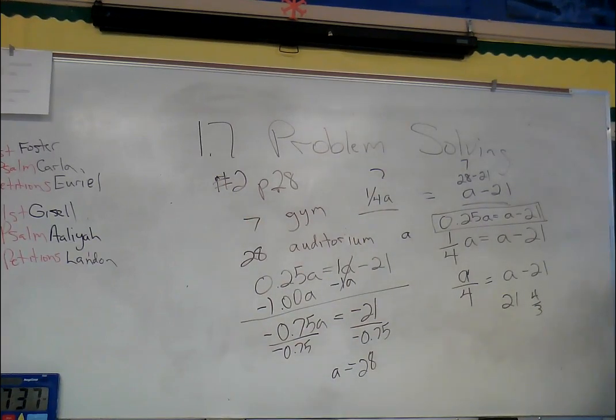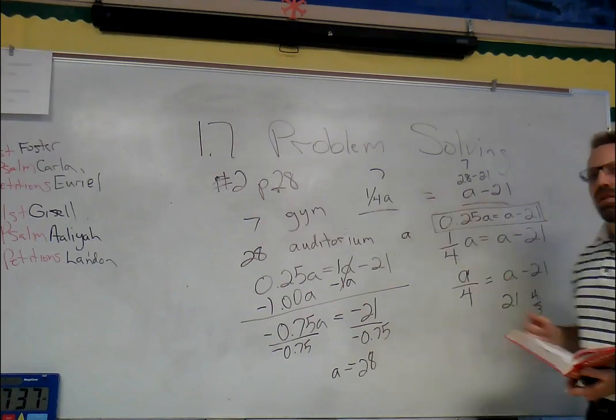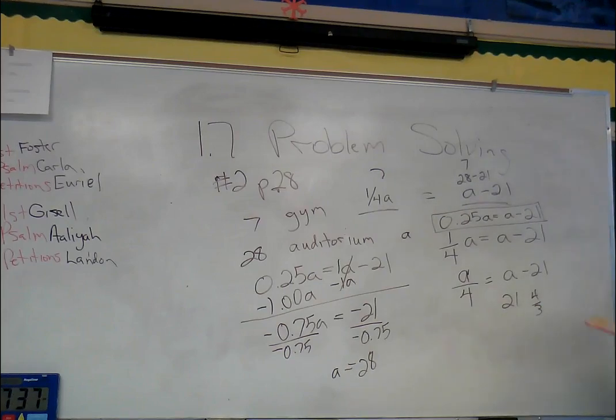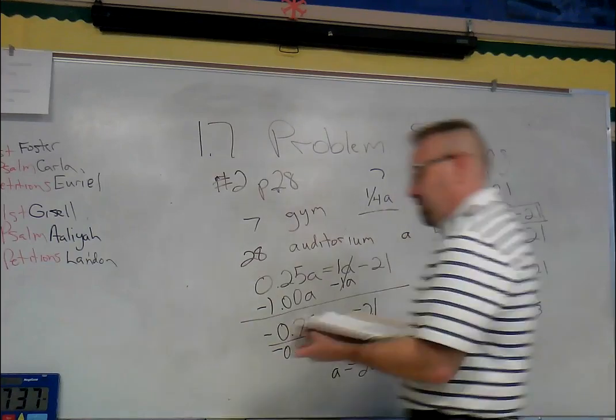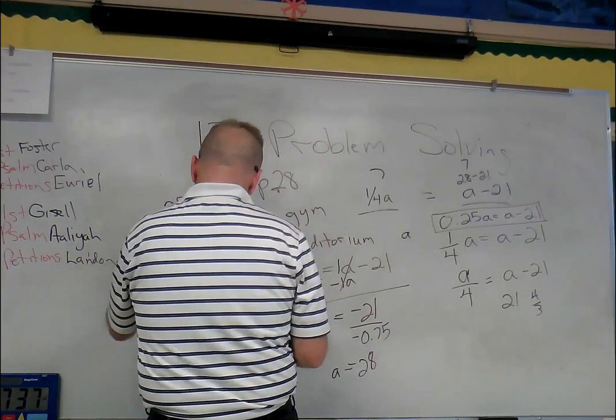So the key today is setting up our bits of information to make one equation. We're not going to do a huge bunch. I want you to do them well, so I don't want to overburden.